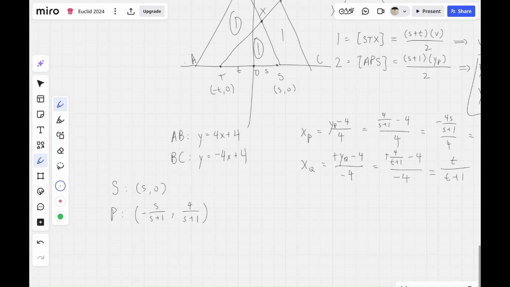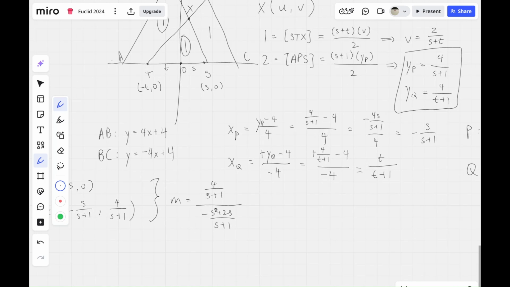The slope between these will be m equal to 4 over s plus 1 over negative s squared plus 2s over s plus 1, which is equal to negative 4 over s squared plus 2s.